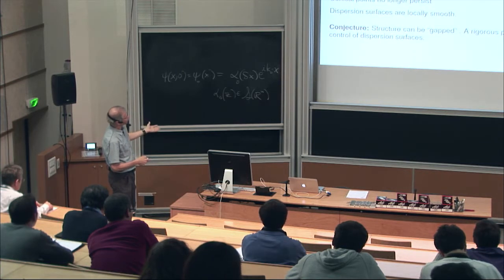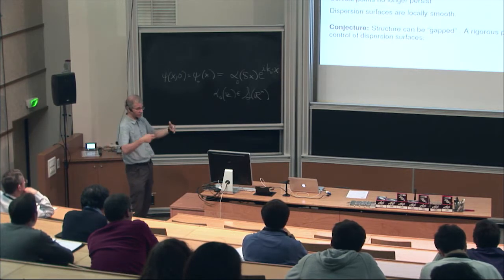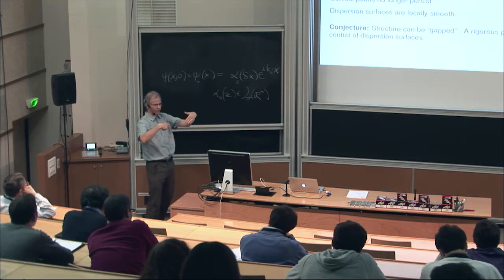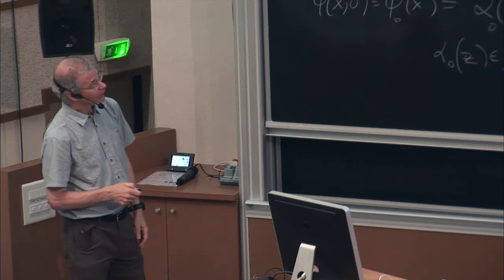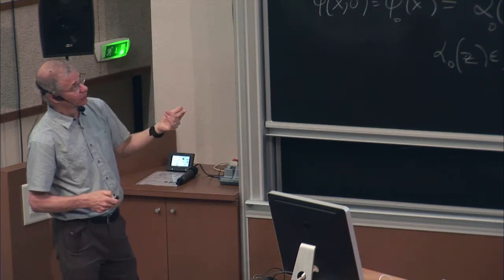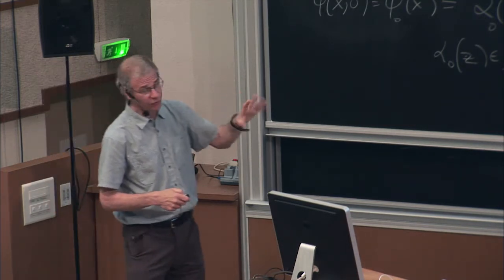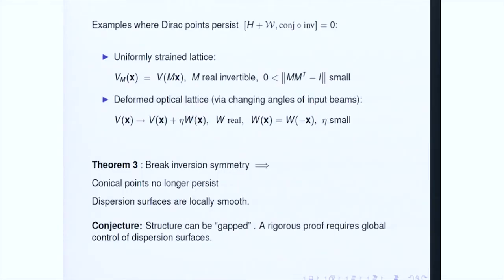Or I could perturb the potential appropriately, which would correspond to changing the angles of those interfering beams and deforming the lattice that way. If you break inversion symmetry or time reversal symmetry, then what happens is immediately, regardless of how small the perturbation, a local gap will open.